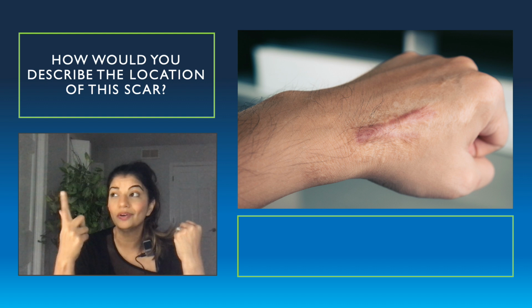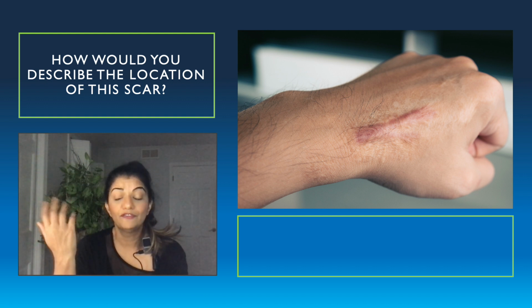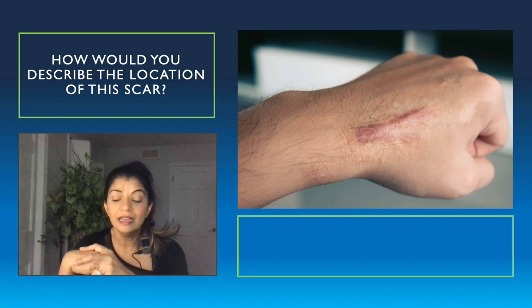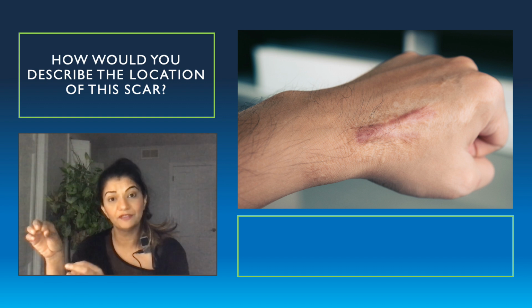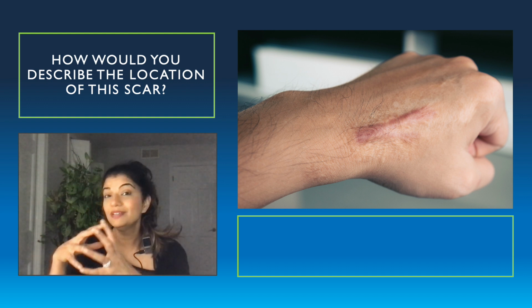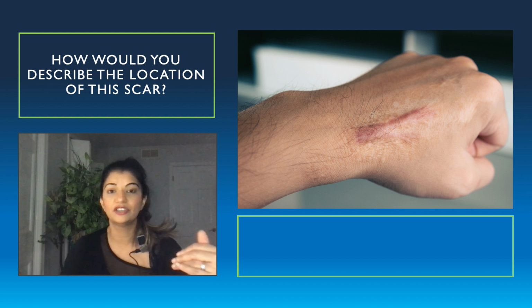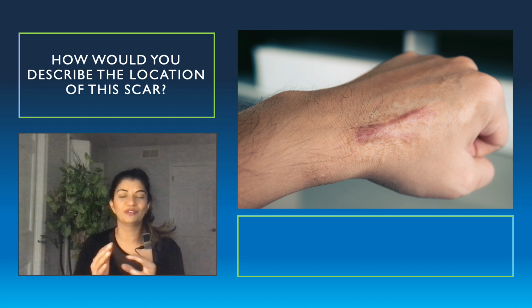I'll give you an example. I used to work in hand therapy where I would fabricate splints for patients who had hand injuries or surgeries. And if a doctor left me a note saying, please fabricate a splint for patient X, and avoid the incision or scar on the back of their hand, I would need a lot more information.